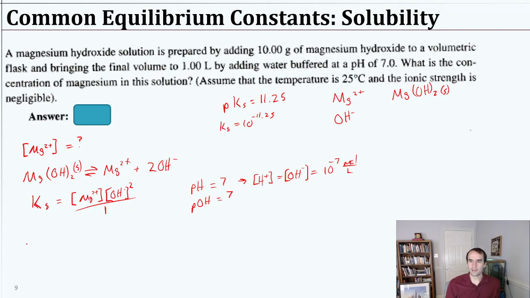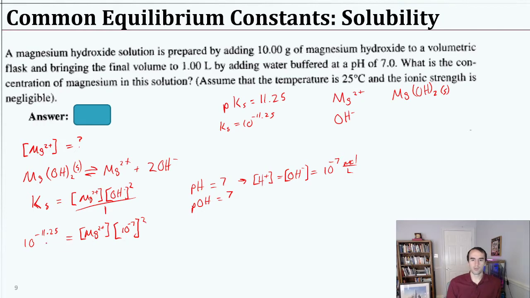We can say 10 to the minus 11.25. Again, remember the role of the p here is very important repeatedly, so make sure you get that concept. So 10 to the minus 11.25 is equal to what we're looking for times something we know, 10 to the minus 7 squared.